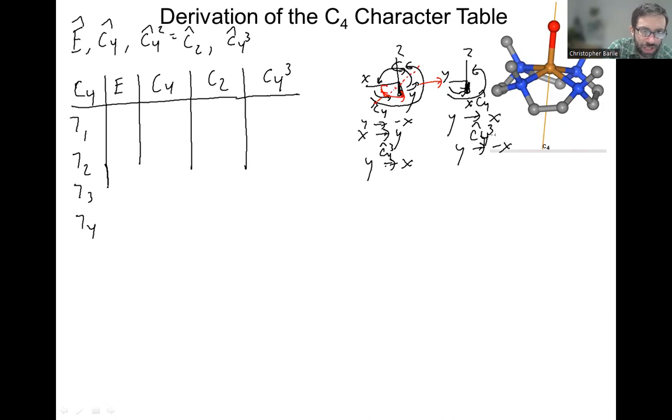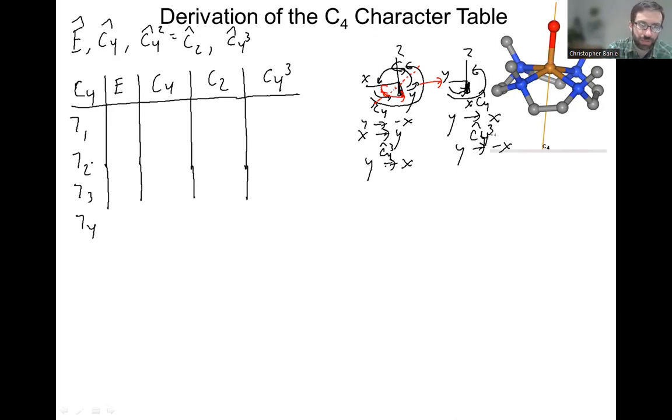Those are just temporary names I use when deriving character tables for the irreducible representations. Later on, once we get the irreducible representations, we'll give them Mulliken symbols, the A1s, the B1s, the Bs, whatever that might be, T, D, E, using the Mulliken symbol naming convention.